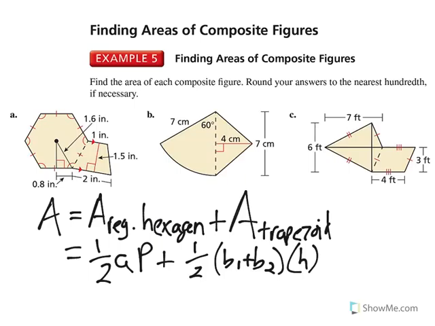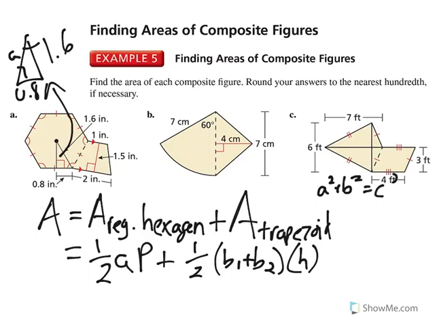We may need to solve for something first, like in this hexagon, we don't have the apothem yet, but we do have this triangle that we can pull out, and we can actually solve that triangle instead, because we have 1.6 here, we have 0.8. For the apothem, we can do Pythagorean theorem again, like we did on the last problem. Pythagorean theorem: a squared plus b squared equals c squared.